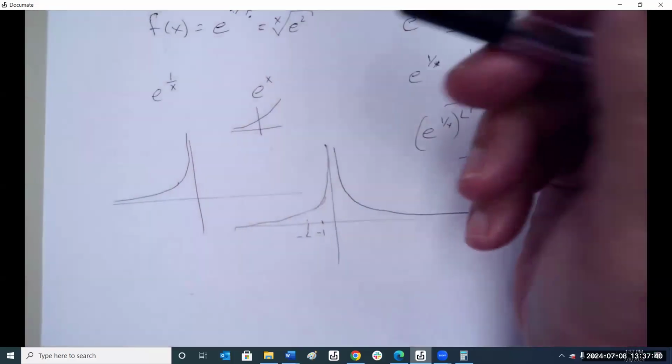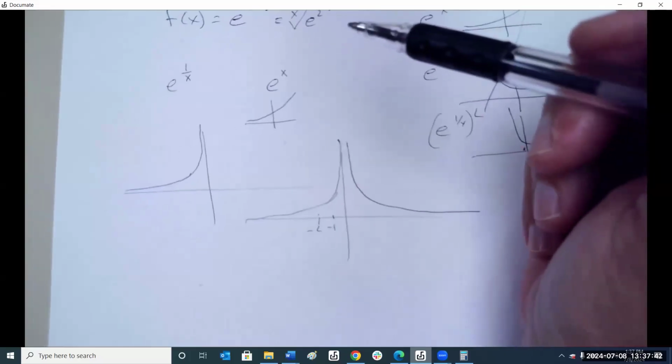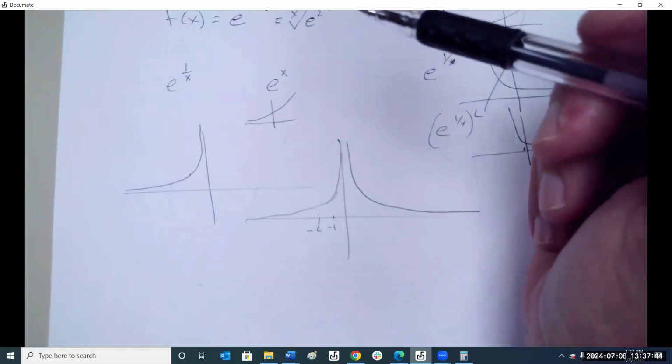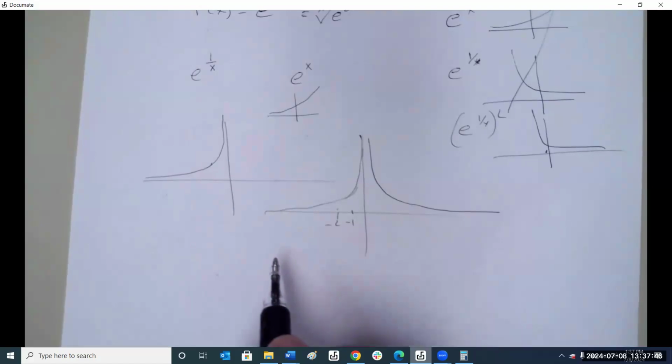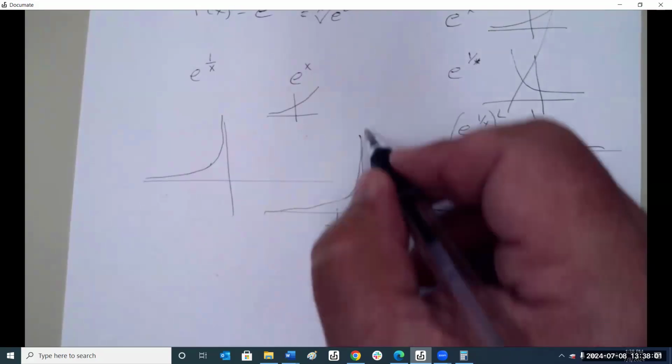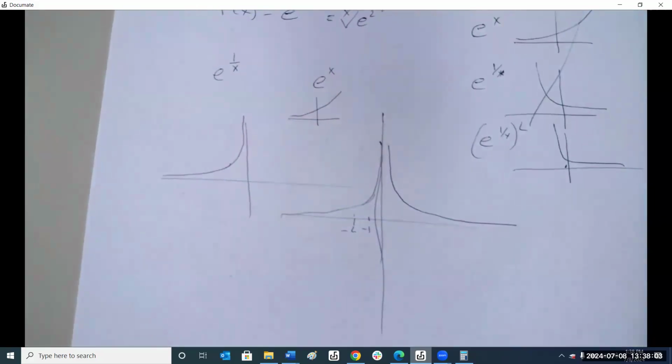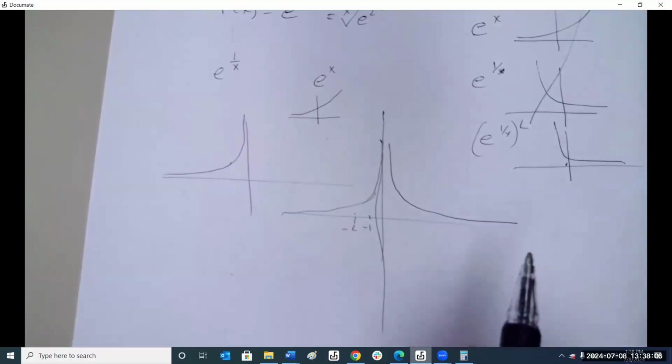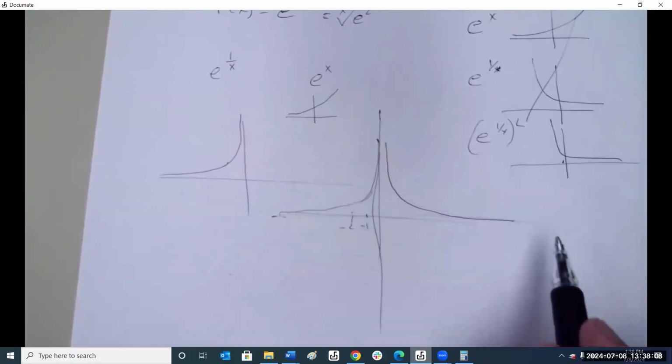All right, so we know what e to the x looks like. E to the 1 over x, vertical asymptote there. And the horizontal is the x-axis.